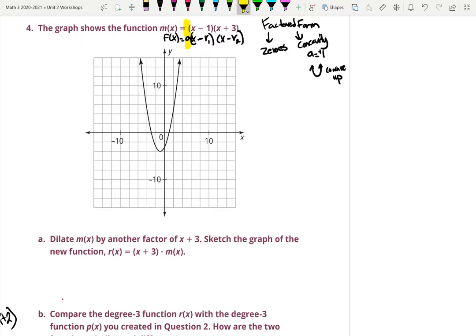I also know that the zeros, root 1, root 2, should be like so. Notice so that my 0 here is at negative 3. Notice 1 is where it's supposed to be.